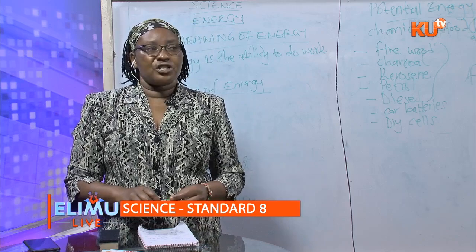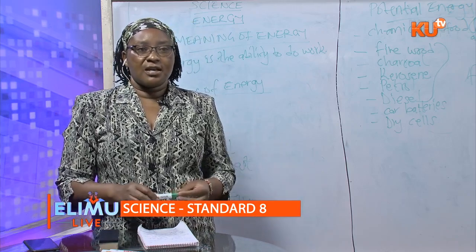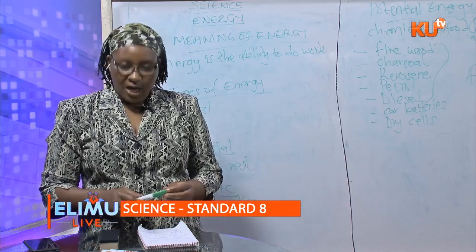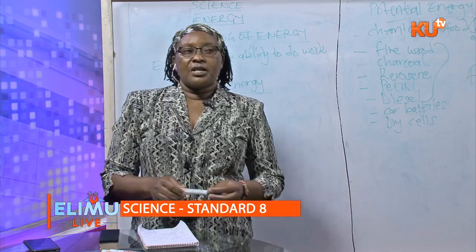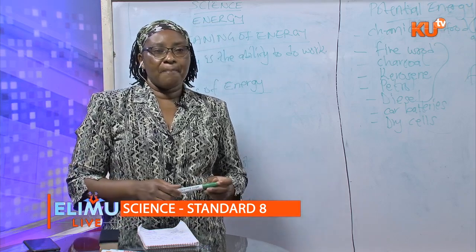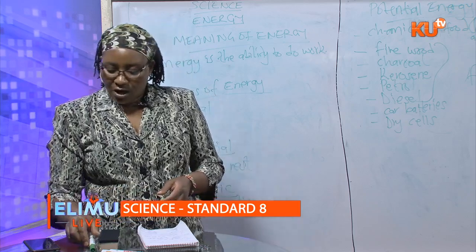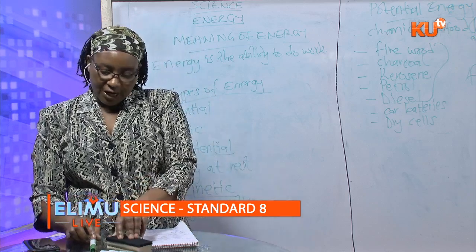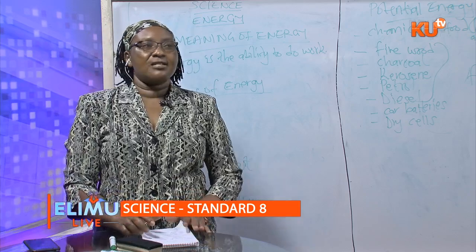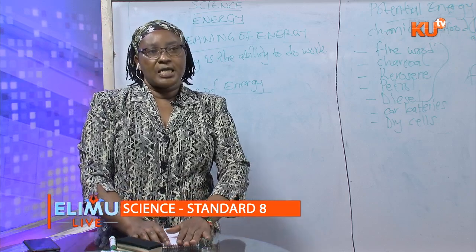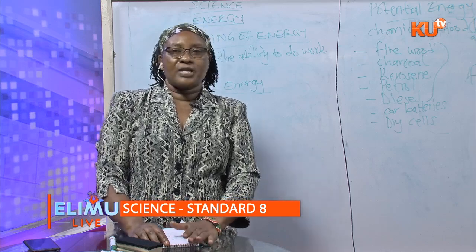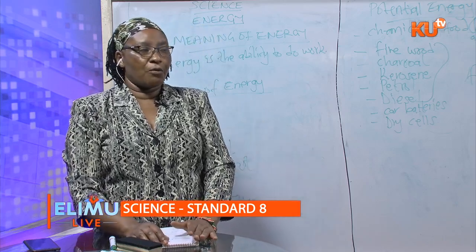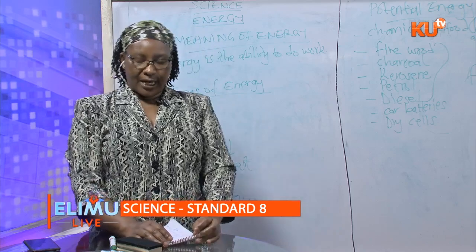Then we have convection. Convection is heat transfer in liquids and also in gases. And we have radiation. Now, radiation is a heat transfer which takes place where we have a vacuum. That means it doesn't need a medium like a solid or even a liquid to be transferred from one place to the other place.